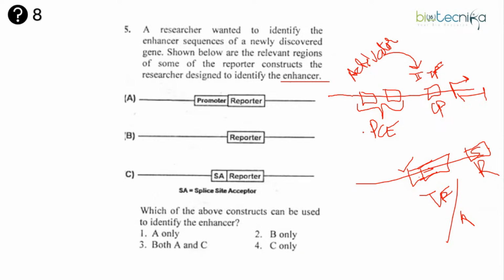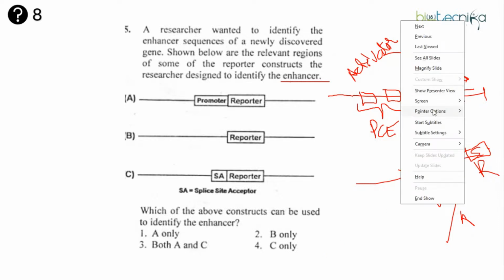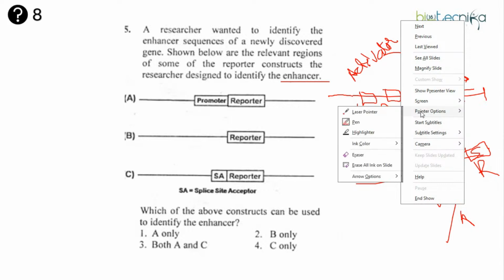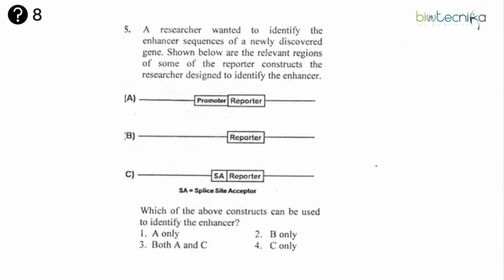Okay? All right. Now the answer to this question is, one second. It is 3. Why? See, promoter is present before your reporter gene. Reporter gene means it is that gene which, when transcribed, will give out certain signals that yes, transcription has happened.